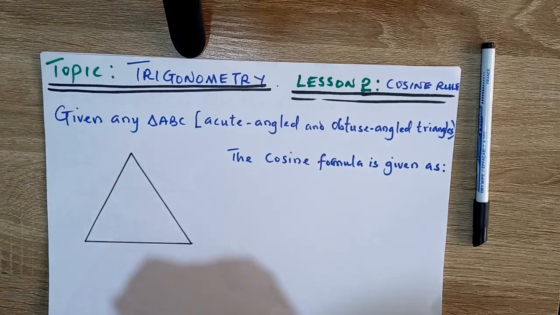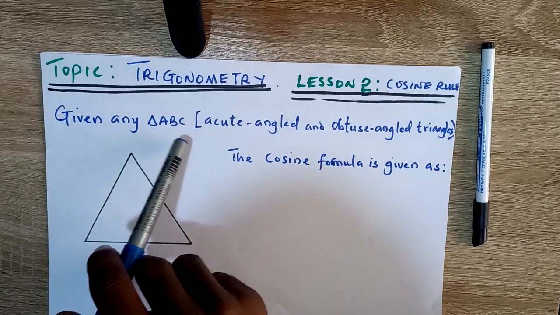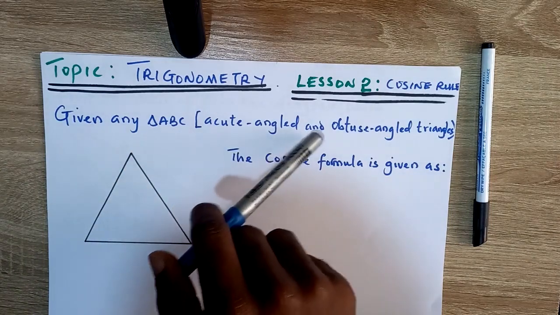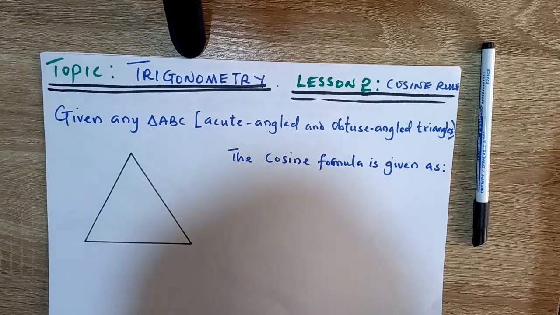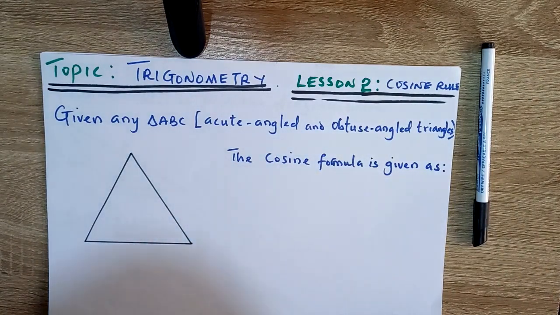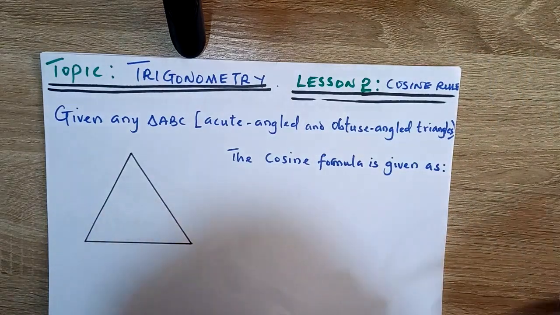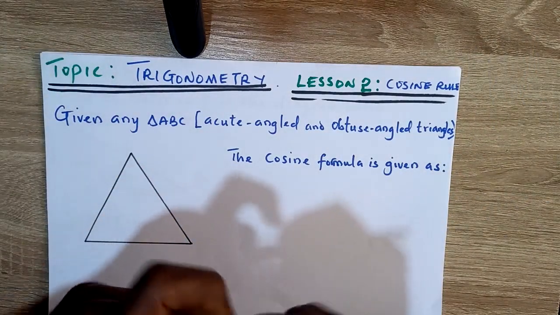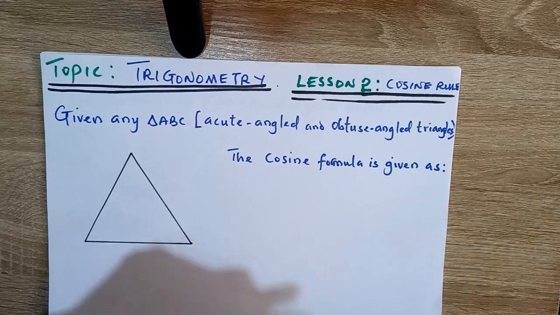Now suppose we have a given triangle ABC, which is an acute angle or obtuse angle triangle. Before we write the formula, let's label the vertices of this triangle.